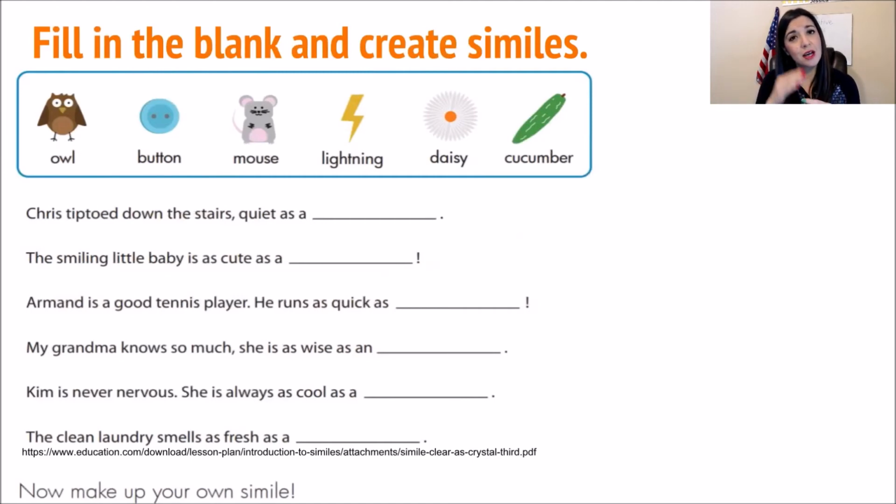So a button could be cute, or cute as an owl. Well, some owls are cute, some are not. In this one, button is usually used to describe something being cute. Cute as a button. You could also use cute as a puppy, cute as a, and then something that you think is cute. But again, button is used very often.